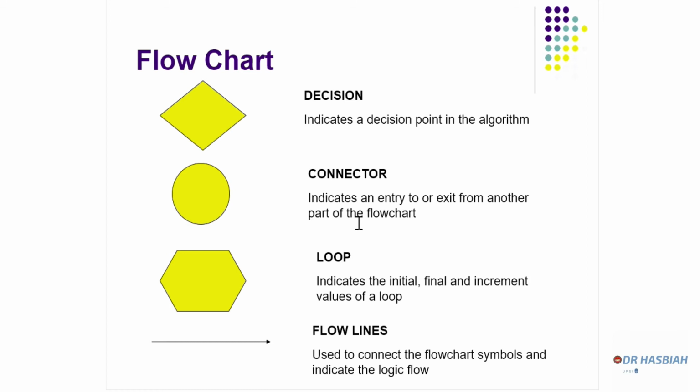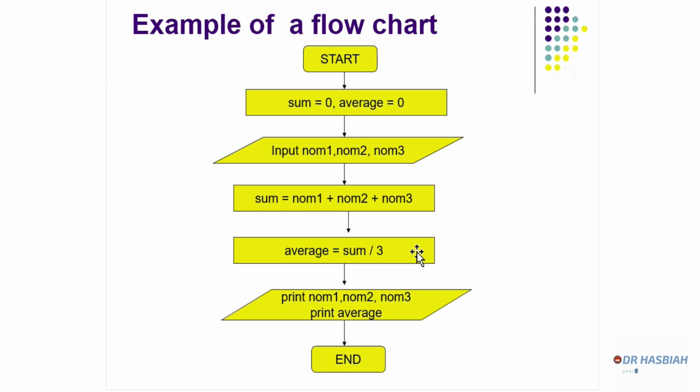Now let's say I have the example here. Just now we wrote the pseudocode to calculate the average of the numbers. Now we want to use the flowchart. So you start, and then you end here.